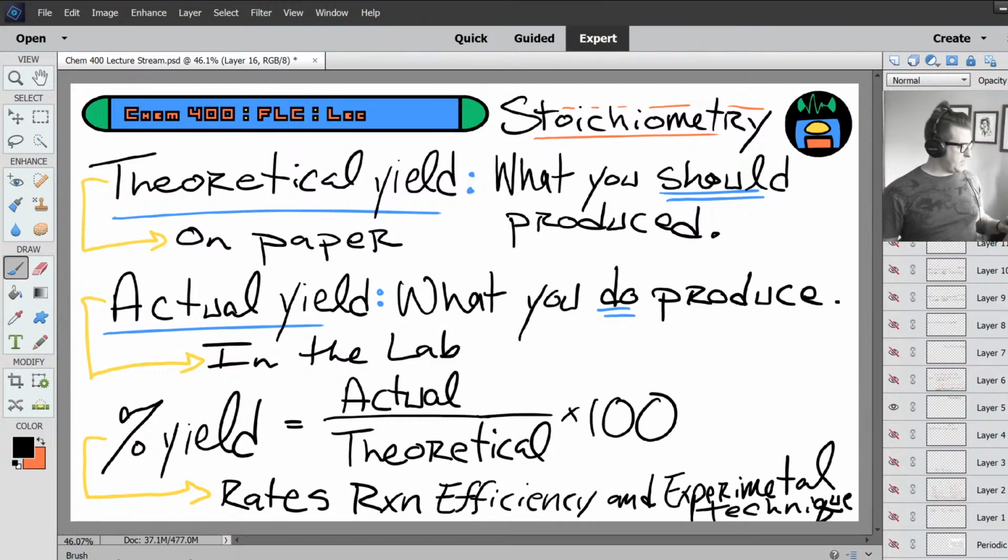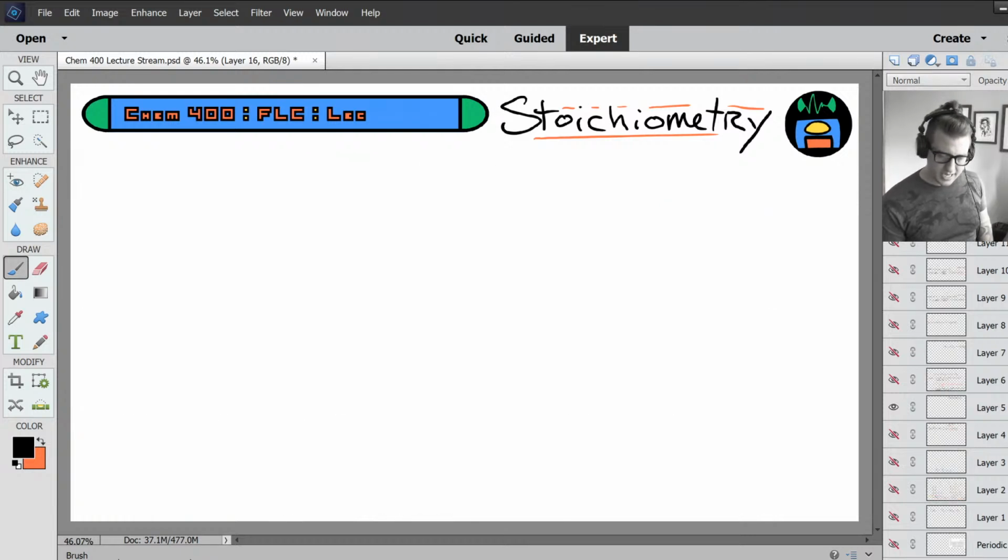All right. Now let's take this information and apply it to an example.